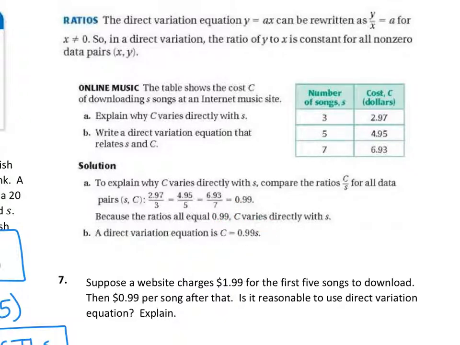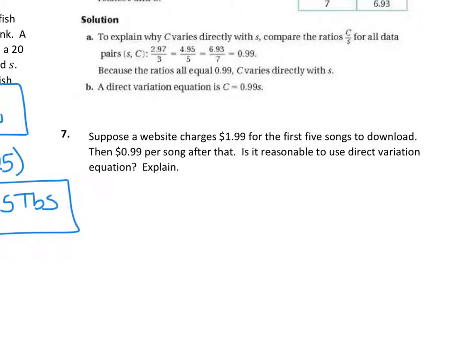So let's look at a problem here. It says, suppose the website charges $1.99 for the first 5 songs to download, then 99 cents per song after that. Is it reasonable to use direct variation? No. And that's because the $1.99 is going to add, because you're going to have $1.99 for 5 songs.